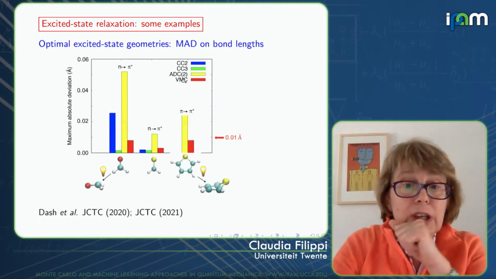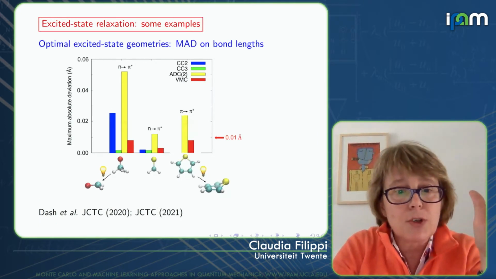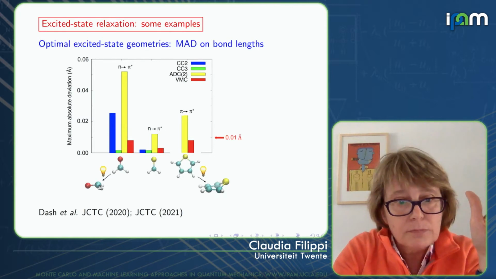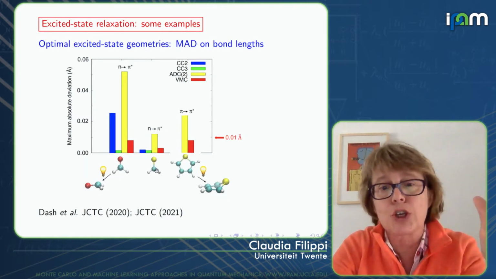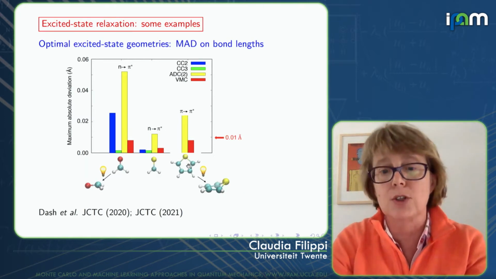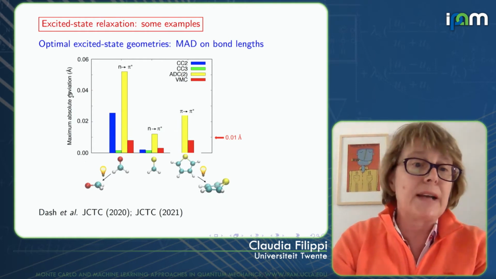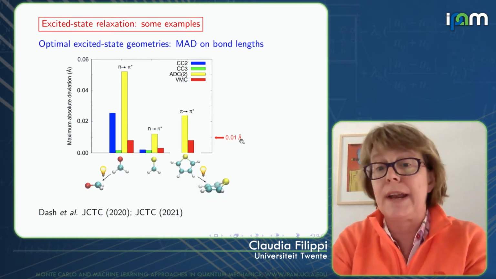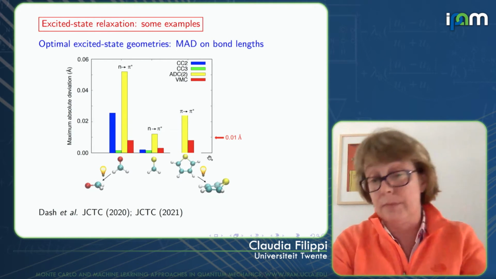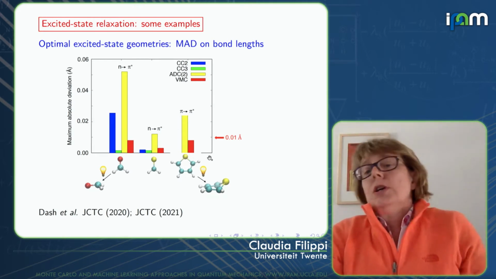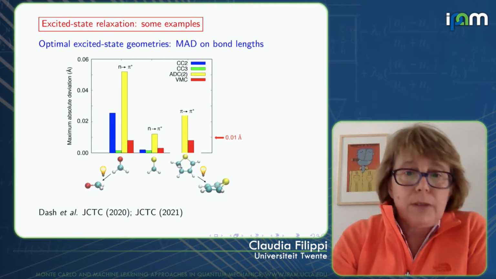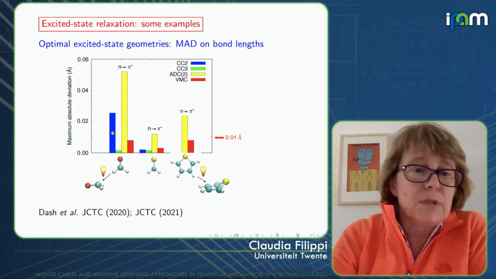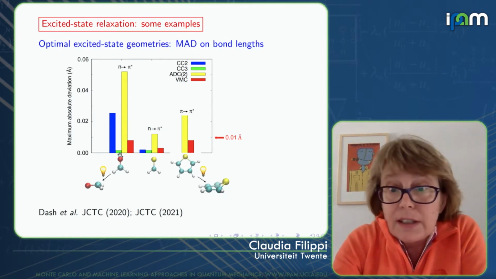So here what I'm showing is three small molecules. In one case, you're having buckling. Here is just an elongation of the bond, and again, some sort of buckling also for thiophene. I'm showing the maximum absolute deviation, 0.01 angstrom. I consider it good. We are comparing to some available, reasonably good reference. I'm showing CC2 and CC3 in green.